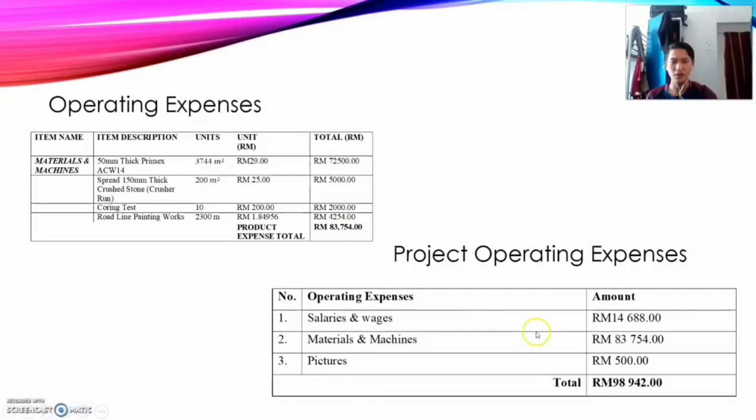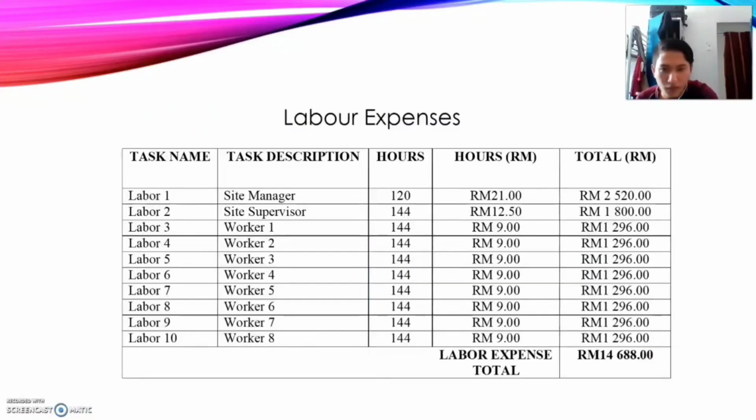For the salaries and wages, we know we use 14,688 ringgit, and the material and machine we just take from the total product expense and put here, which is 83,754 ringgit, and the picture is 500 ringgit, and the total is 98,942 ringgit.